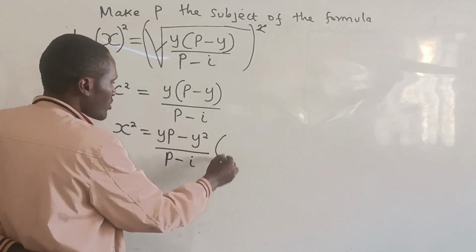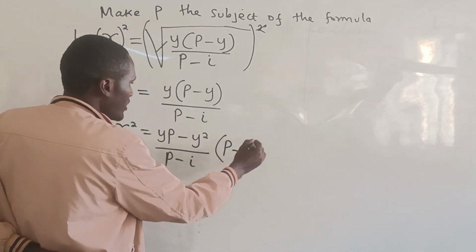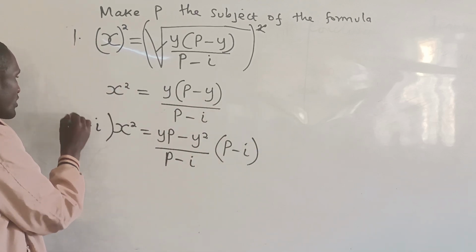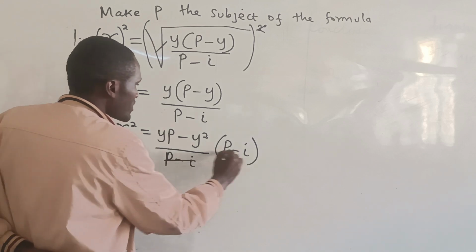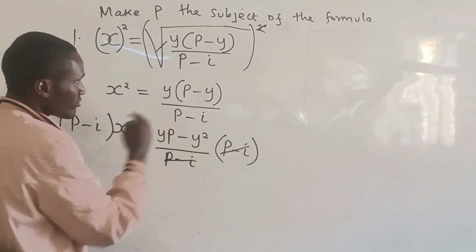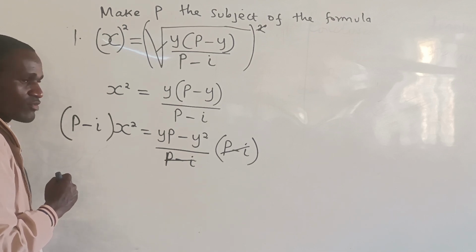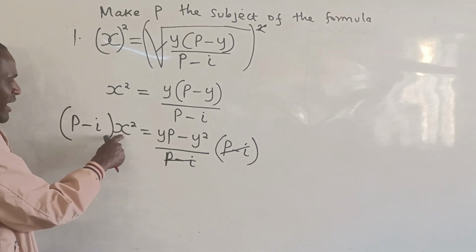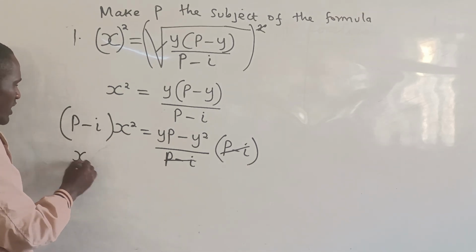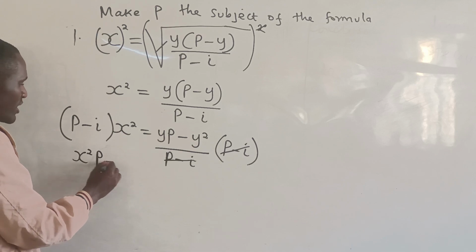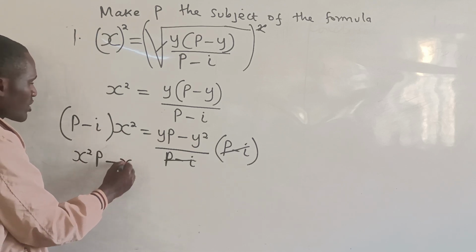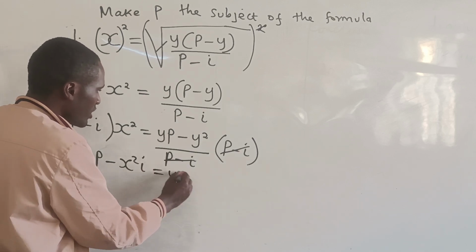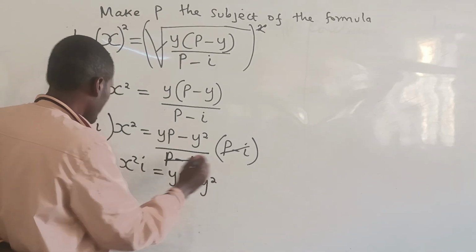So I multiply both sides by p minus I, so that this and this are eliminated. On the other side, I open the brackets: x squared times p gives x squared p, less x squared times I gives x squared I. That will be equal to yp minus y squared.